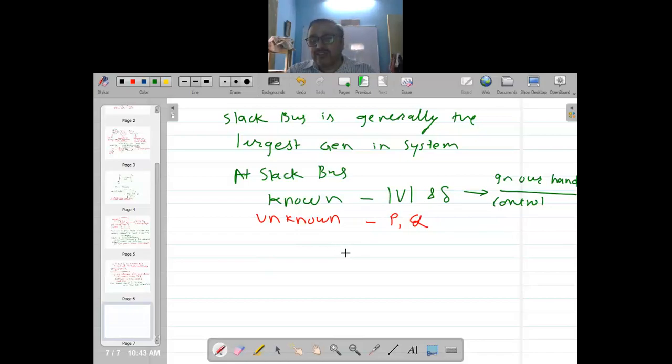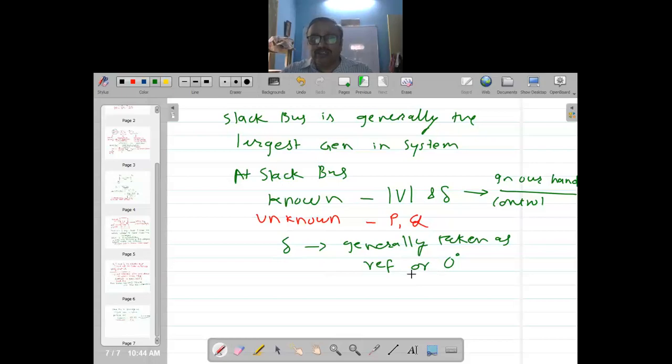Mathematically, it is not necessary. Mathematically, any bus can be the slack bus where we specify V and delta. But generally, only where a generator is connected will we be able to specify the voltage at that bus, because voltage is controllable using the field current. And this delta is generally taken as the reference, or 0 degrees.